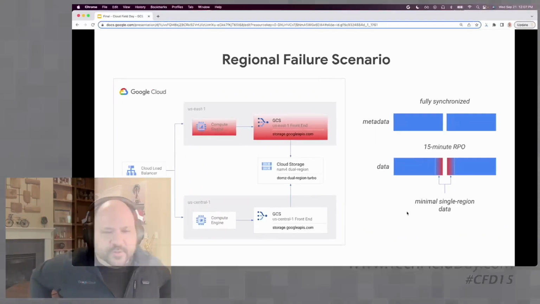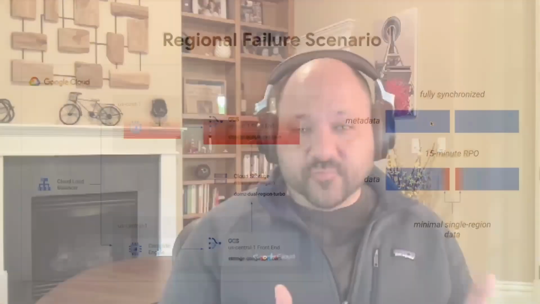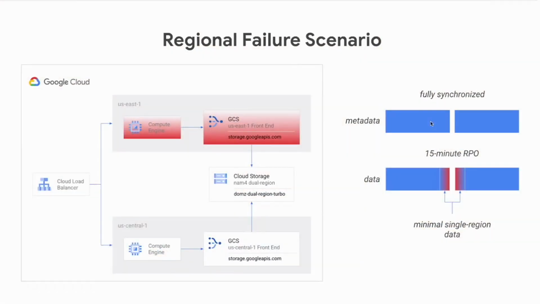So I want to be very clear about what this really means. In a failure scenario, the metadata is fully synchronized. That's the demonstration we saw where I was able to find hello world text in all its iterations very quickly. But for data that's written and isn't yet replicated, there is possibility of unavailability of that data. That's what RPO means.